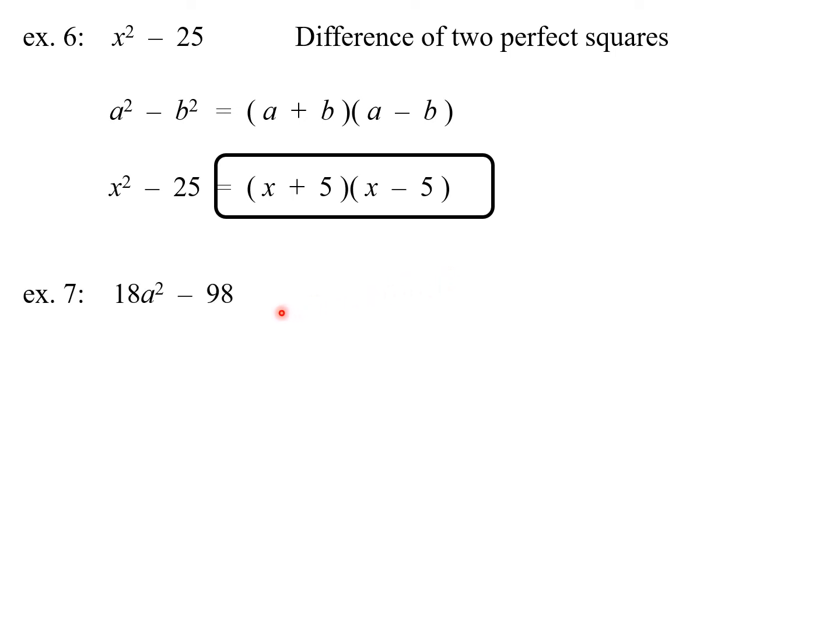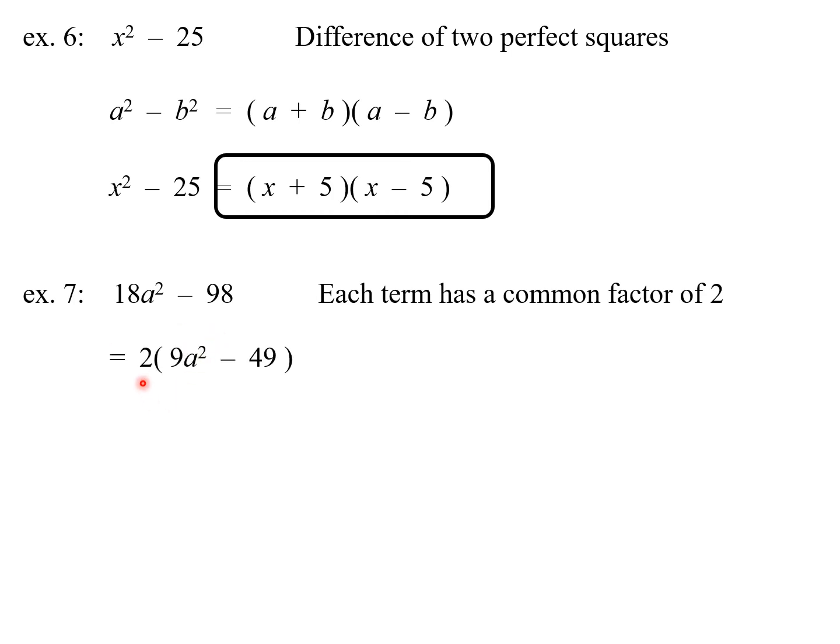18a squared minus 98. Now the first thing I notice is there's a common factor of 2 in each of these terms. So I'm going to factor that out right away. Okay. And first term becomes 9a squared, second term becomes negative 49. Then I notice that 9a squared is a perfect square of 3a. 49 is a perfect square of 7.